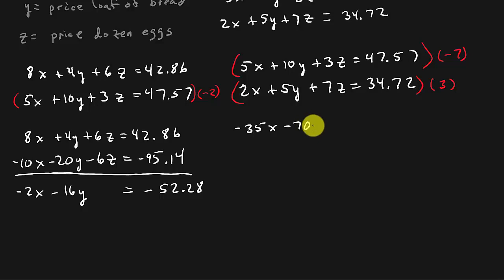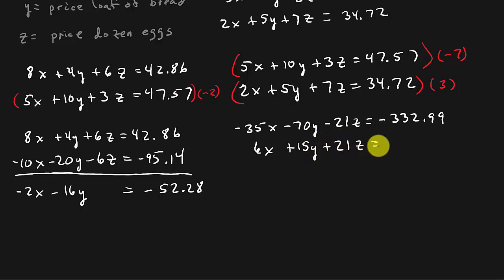-35x minus 70y minus 21z equals -332.99. And then here we've got, what is that? 6x plus 15y plus 21z, and that is going to equal 104.16.